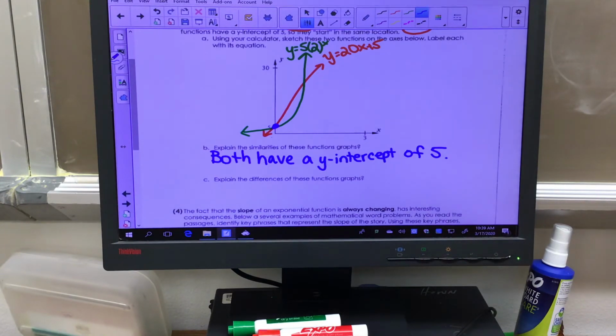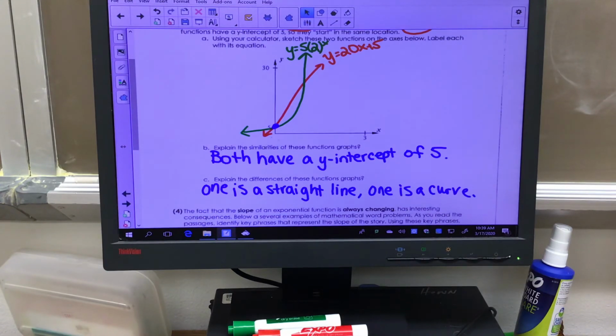Oh my gosh, can it get any easier than that? One is a line, one is a curve. If you need to, pause the video. Otherwise, we're going to move on to the bottom.